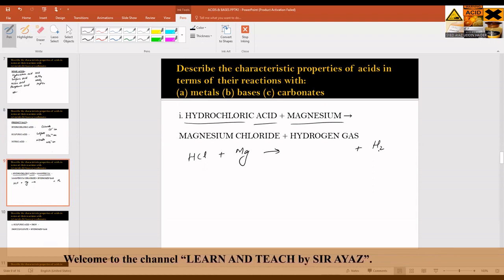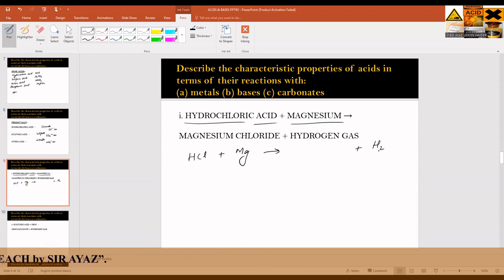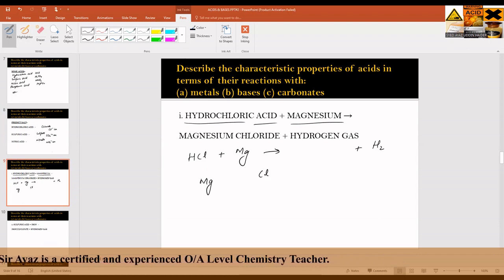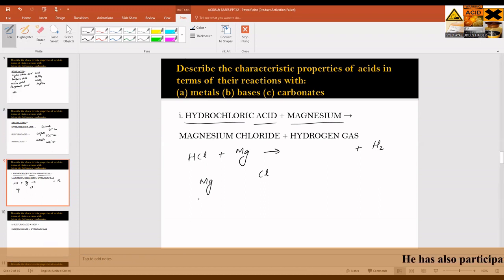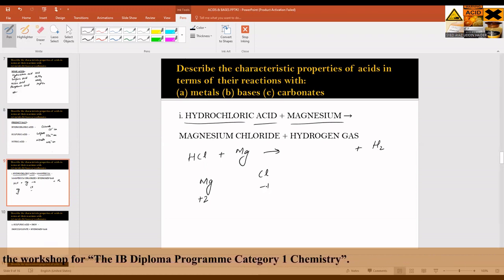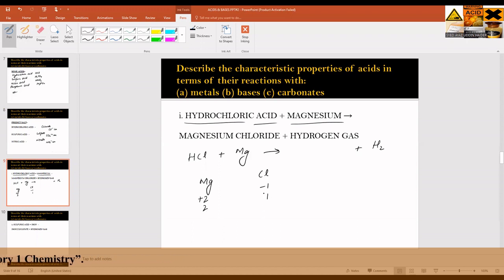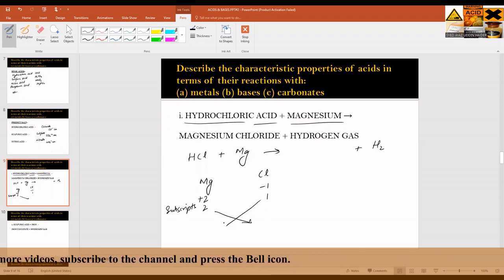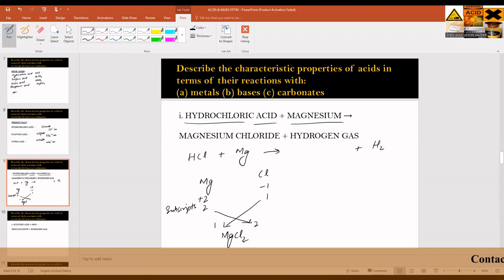In order to predict the formula of the salt produced between magnesium and chlorine, you have to consider the valency or the group number for these elements. Magnesium is present in group 2, so it must contain +2 charge. Chlorine is present in group 7, so it must contain -1. Ignore their charges. Now these numbers will become subscripts, and these subscripts will be exchanged like this. And you will get MgCl2.